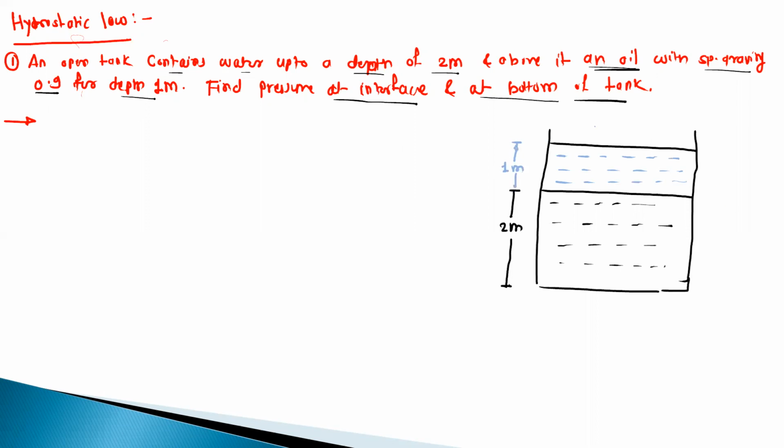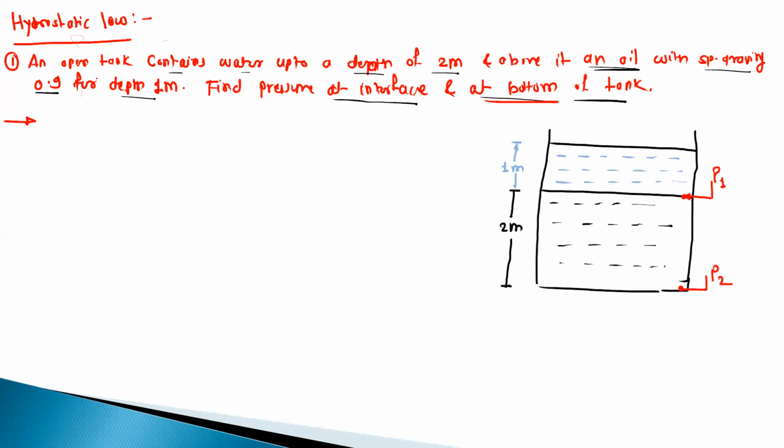So the question is we have to find the pressure intensity at the interface. Means if you connect a pressure measurement device at this point, then what is the pressure? So this is the interface pressure, let us assume this as P1, and second at the bottom of the tank. If you select the point here, then what is the pressure? Let us take this as P2.